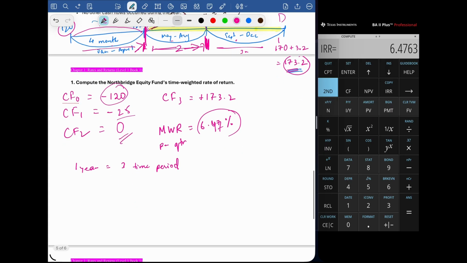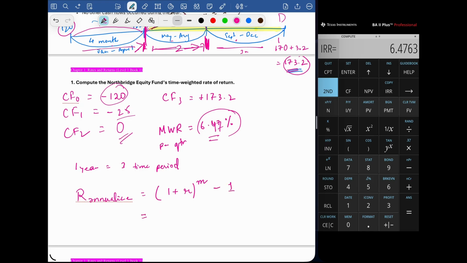So if we want to calculate the annualized money weighted return, the formula will be 1 plus R, where R is this, to the power of the number of periods which we have divided in a year, minus 1.